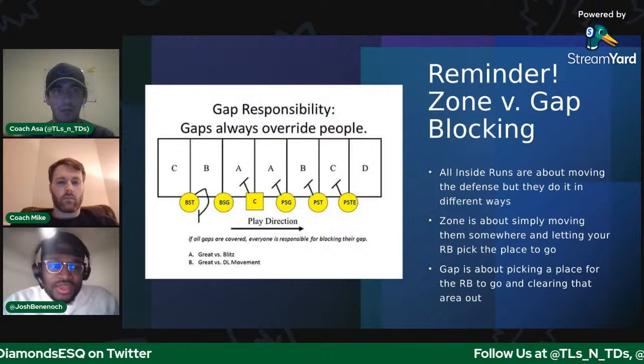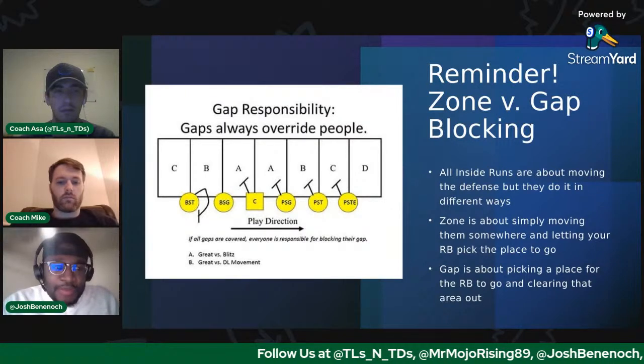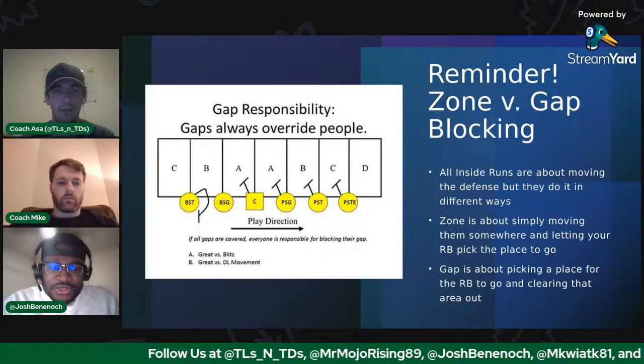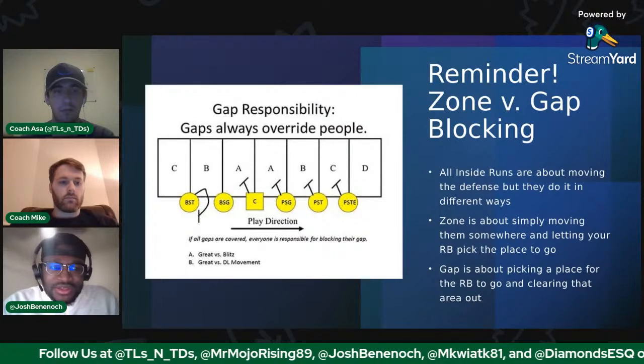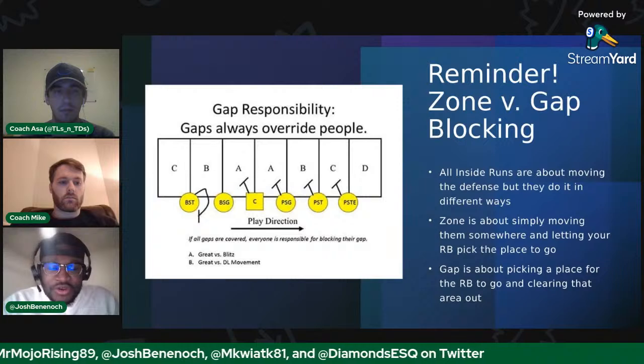So whichever way the zone block or the play is flowing, it's your job to make sure that you're not blocked or pushed out of your gap.